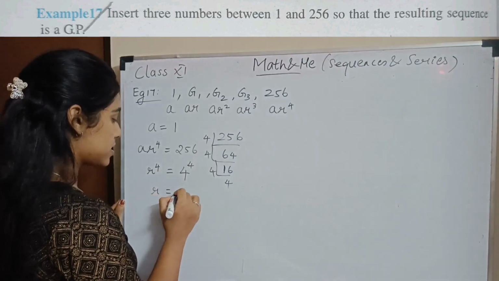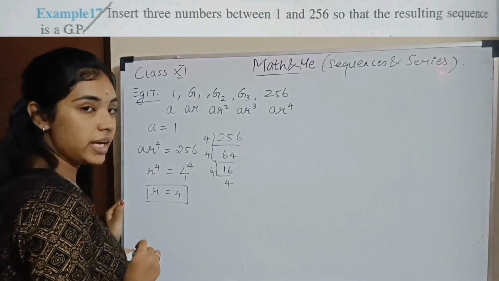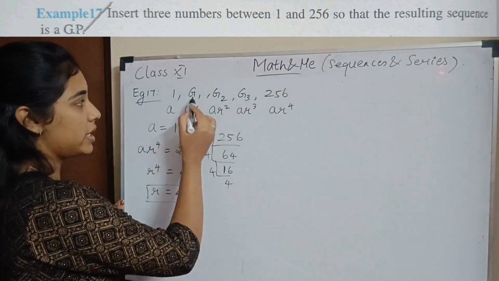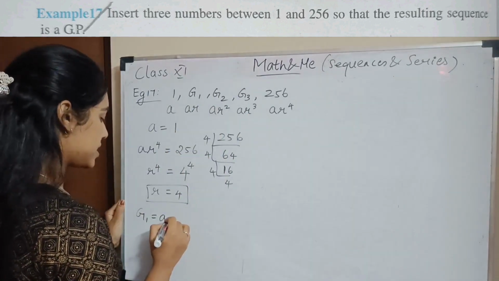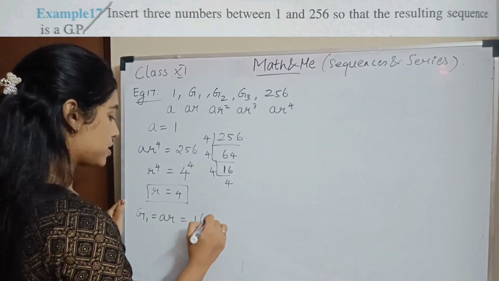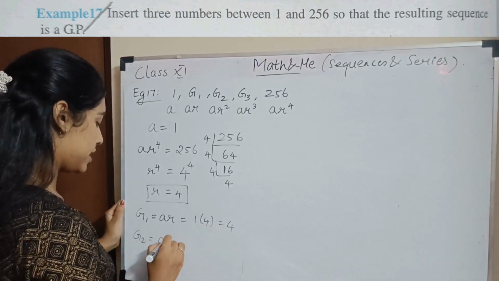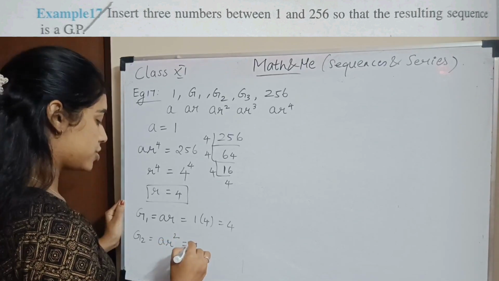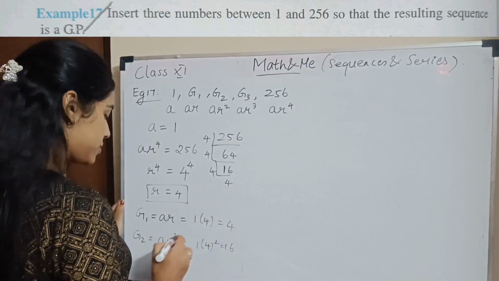So R equals 4. So now I know what my A is and what my R is. I need to find what my G1 is, what my G2 is and what my G3 is. So G1 equals AR, which is 1 times 4. G2 is AR square, which is 1 times 4 square, 16. What is my G3?